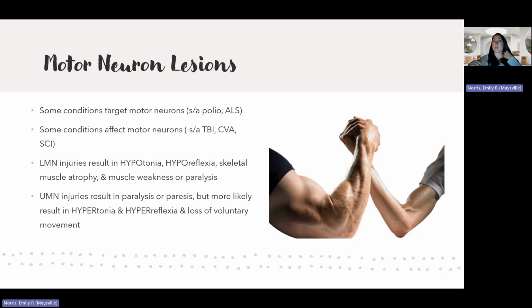But if the lower motor neuron is still intact, they may be able to stimulate a reflexive bowel movement so that they're still able to empty their bowels without having a colostomy bag, because the lower motor neuron can still be stimulated with a reflex.